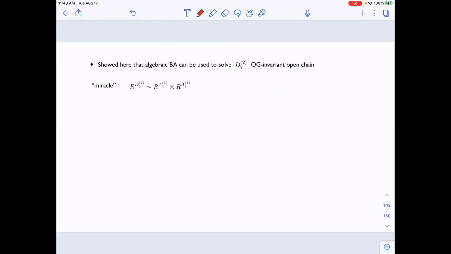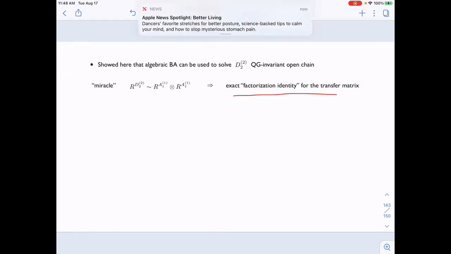But that relied on a miracle, that this D22 R matrix can be factorized into a product of A11 R matrices, where the problem becomes very easy. Which led to, as I said, an exact factorization identity for the transfer matrix.